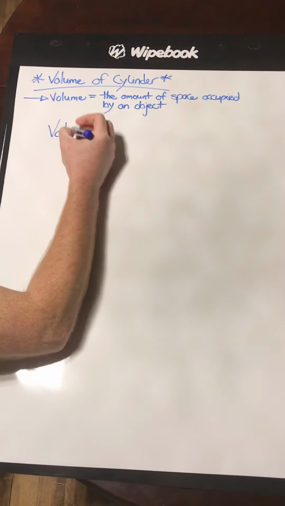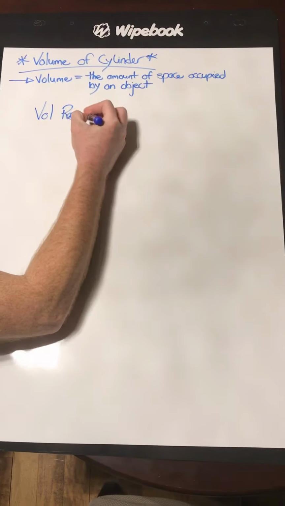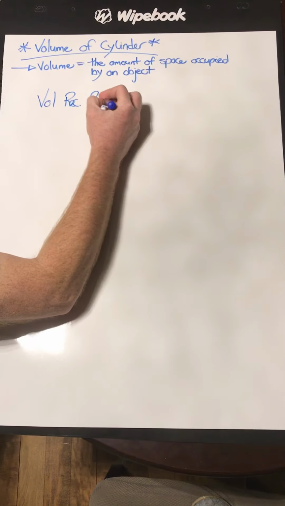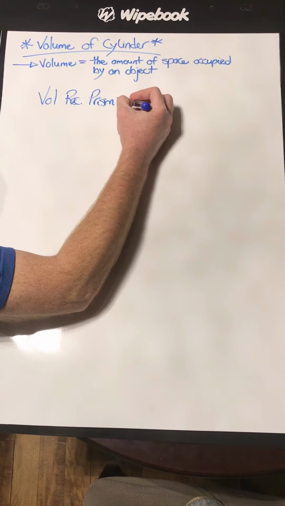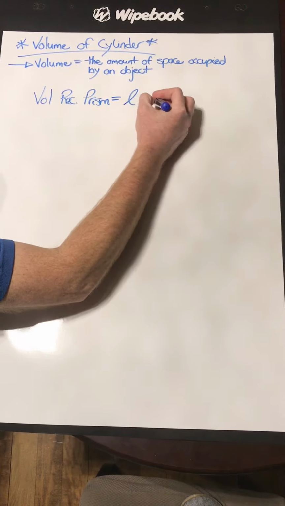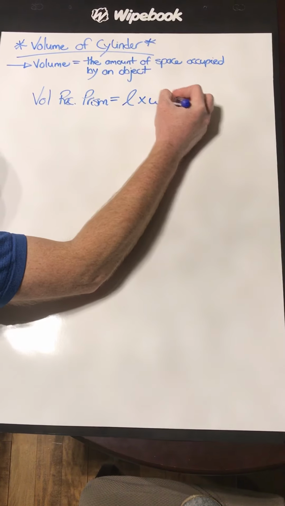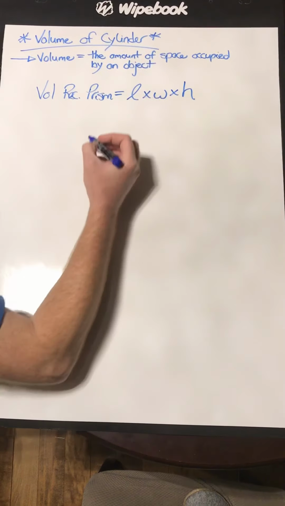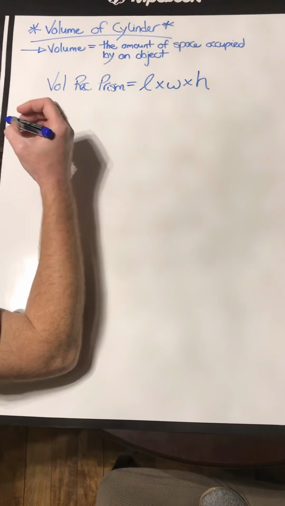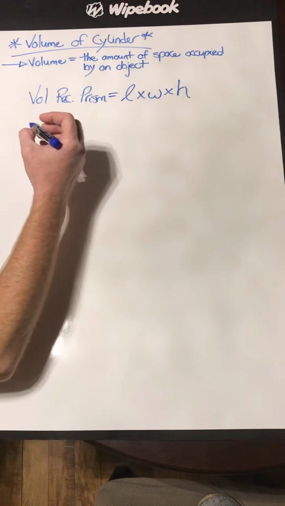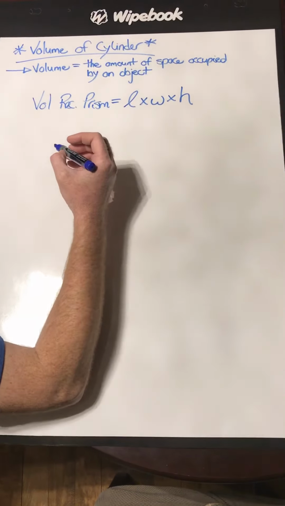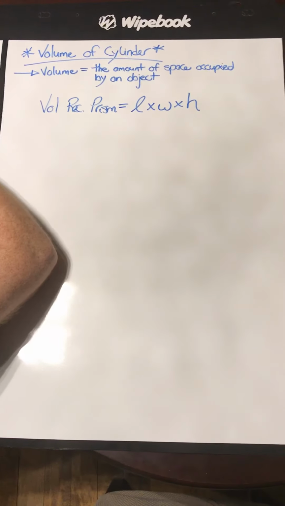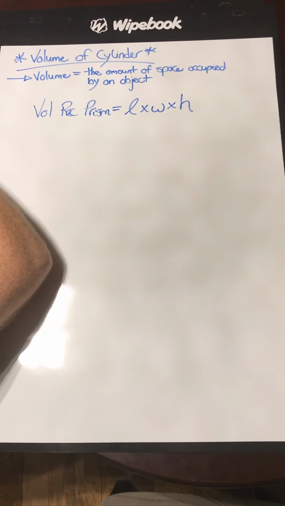So the volume of a rectangular prism is equal to length times width times the height. And we are going to use that to help us to calculate the volume of a cylinder.